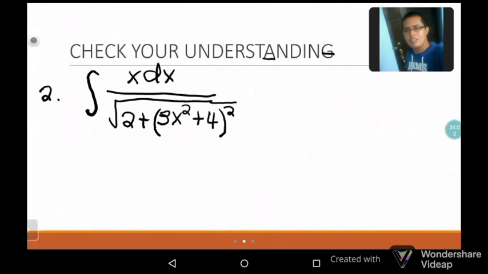Pero syempre, alam na natin yan, no? Pag plus, arctangent agad. Pero hindi siya ganun kadali. So, syempre, may neutralizing factor ka dyan, no? So, huwag kakalimutan yon, calculus yan. Hindi lang siya basta algebra, no? Okay.